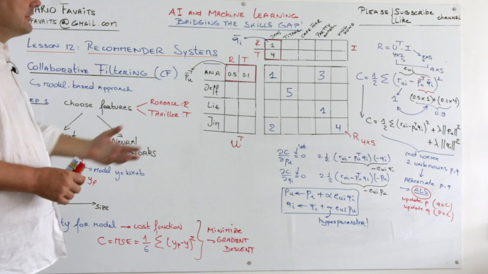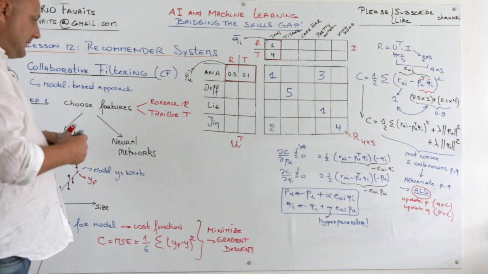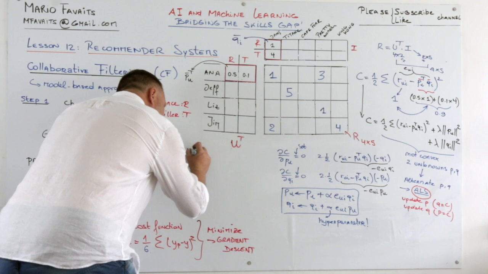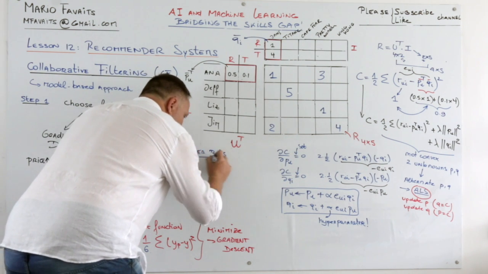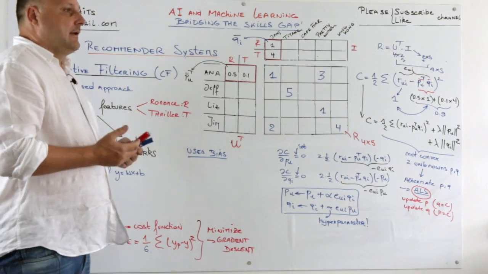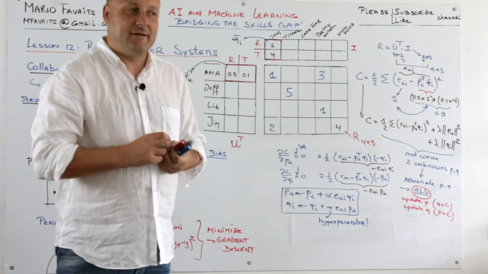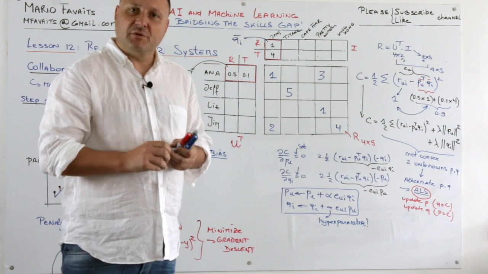There are also a few other parameters you can add. There are many. An example is user bias. What is user bias? Well, it's a bit similar to calibration or performance reviews.